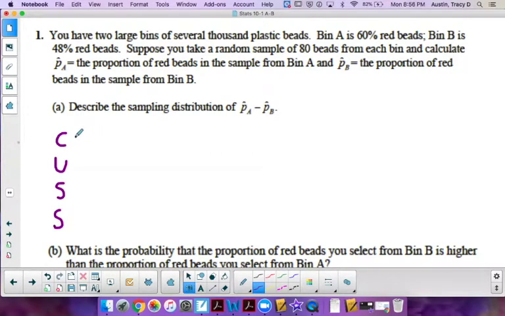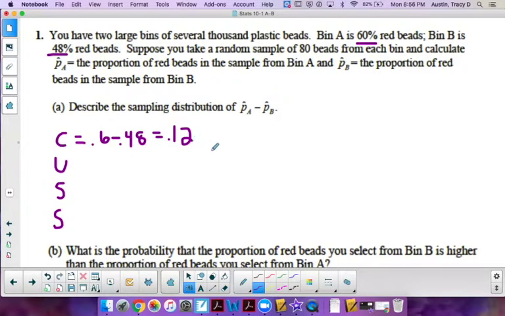Okay, so the center, very, very easy. The center is just going to be A minus B, the percentages that you're given. So that's 0.6 minus 0.48, and that's just 0.12 or 12% basically. Very, very easy.